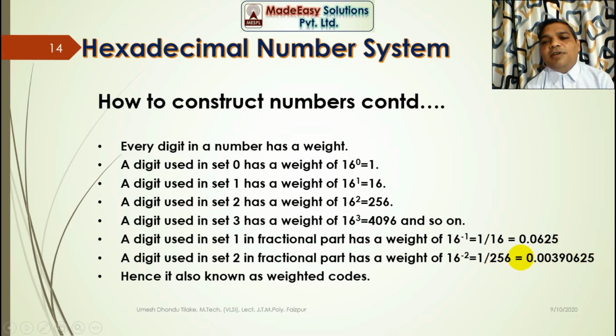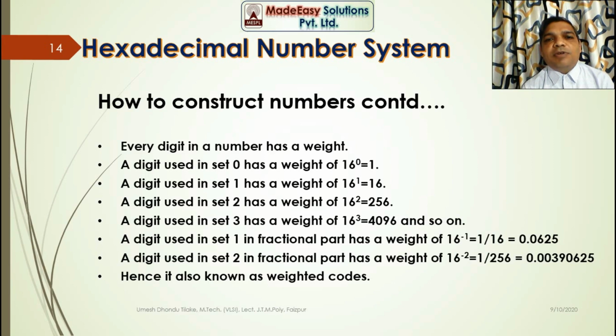So this is the calculated result, 0.0039065 is the weight of digit used in set 2 of a fractional part, and that is why it is also known as a weighted code. So that means all these 4 number systems are weighted codes: decimal, binary, octal, hexadecimal.